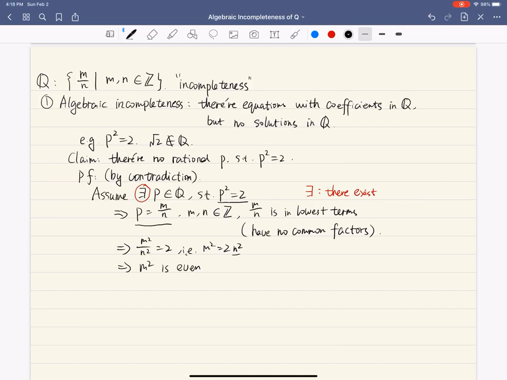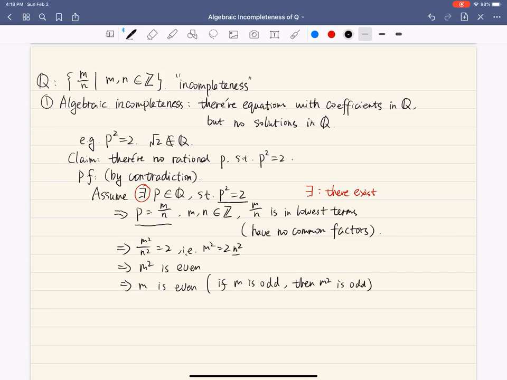Okay, so since m squared is an even number, then m must also be an even number. And why is that? Well, because if m is odd, then m squared is odd, right?